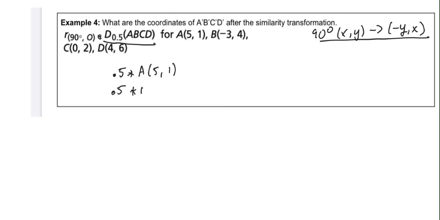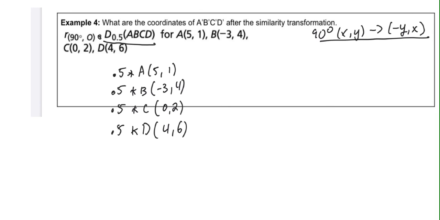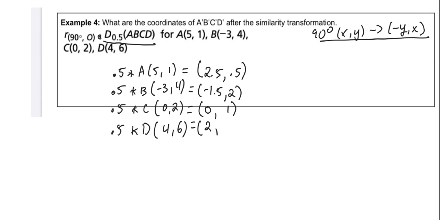We also need to do 0.5 times B, 0.5 times C, and 0.5 times D. So we should get (2.5, 0.5) from half of 5 is 2.5, half of 1 is 0.5, half of negative 3 is negative 1.5, half of 4 is 2, half of 0 is 0, half of 2 is 1, and then half of 4 is 2, and half of 6 is 3.